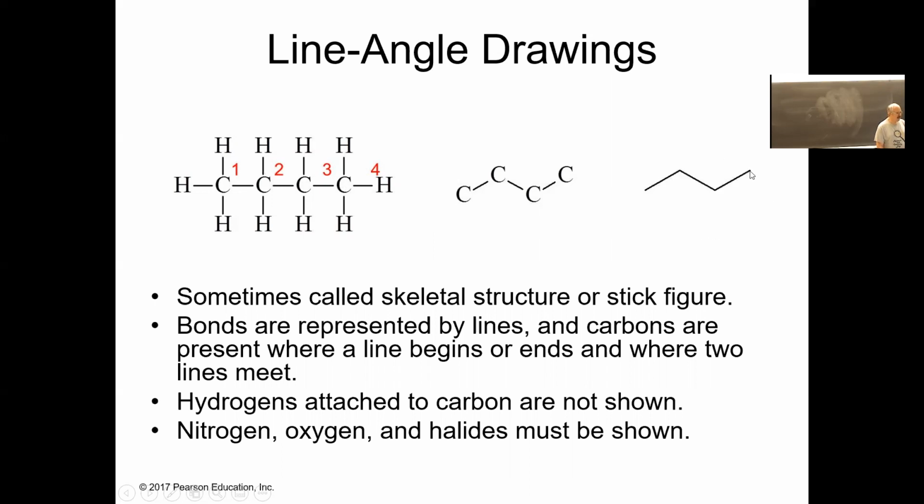This carbon on the end, since it has 1 bond shown, we assume that the other 3 are to hydrogen. These 2 in the middle, this one, for example, since there's 2 bonds shown, we assume that the other 2 bonds are to hydrogens.